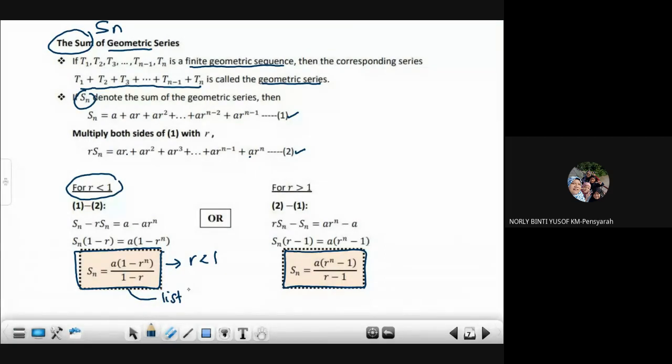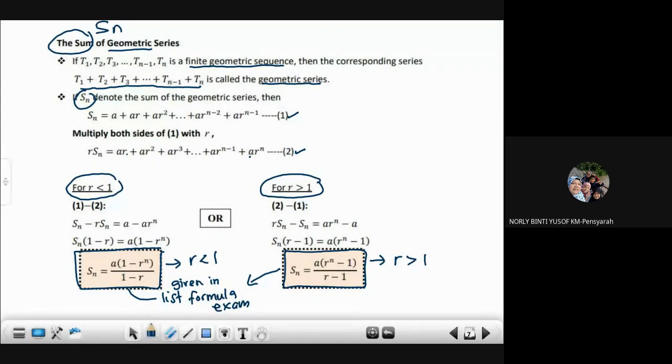List given in list formula exam. Ini pun sama. Ini terus, dia pun bagi syarat dia, R lesser than 1, R greater than 1. Kalau dia greater than 1, dia punya Rn tu kat depan. Tu beza dia.